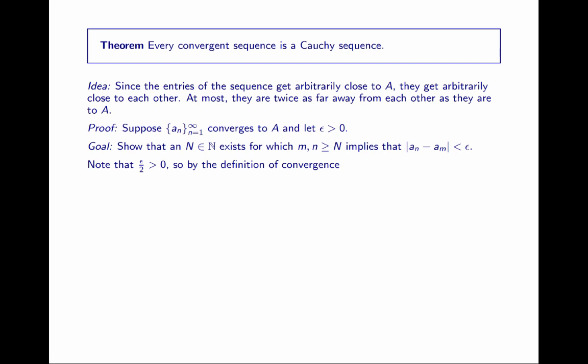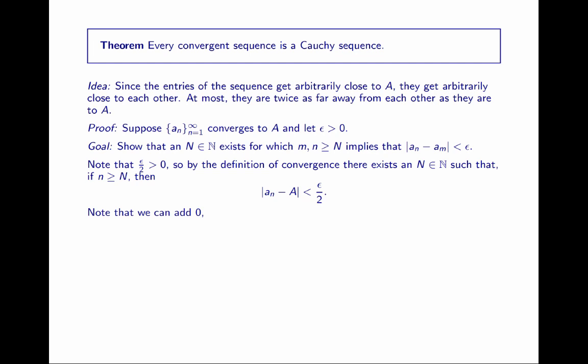Now, note that epsilon over 2 is positive, so by definition of convergence, because remember, we're supposing that an converges, which means I can suppose that the definition of convergence is true, there exists a natural number such that if little n is greater than or equal to that natural number, the distance between an and the limit is less than epsilon over 2.